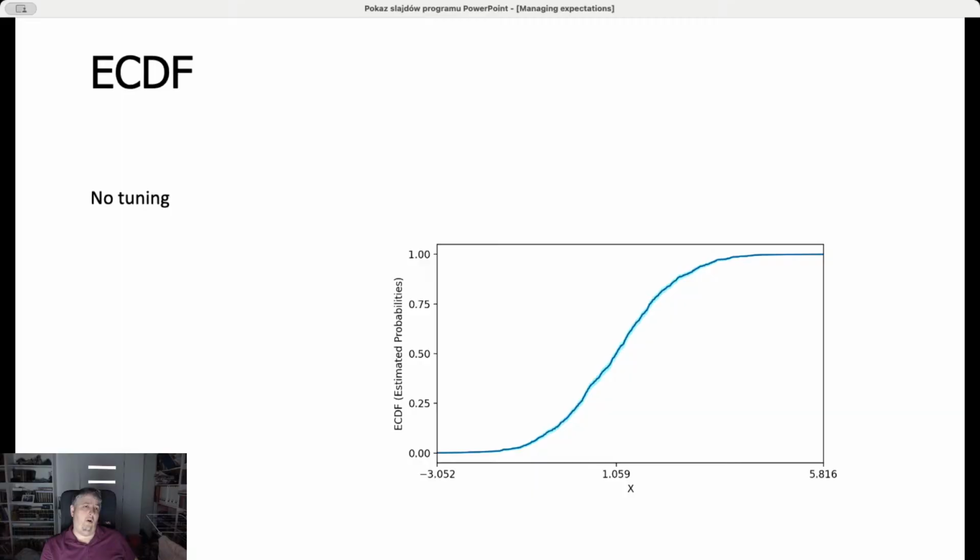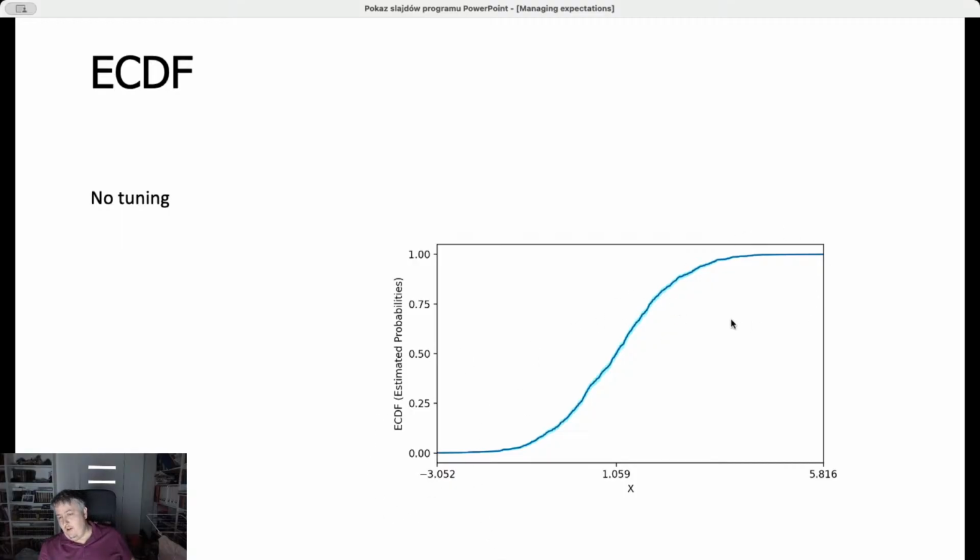As a companion of the histogram, as I mentioned, there is the empirical cumulative distribution function. The ECDF has the property that it assigns probabilities from extreme to extreme values that were measured. So it estimates the cumulative distribution function of our distribution.